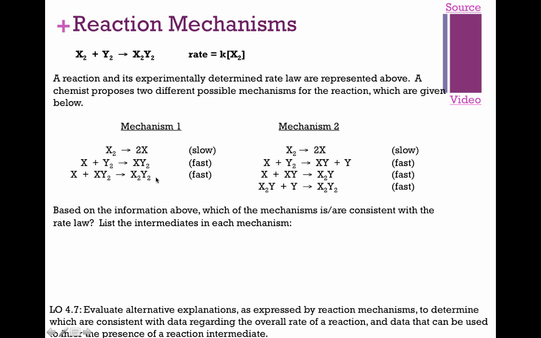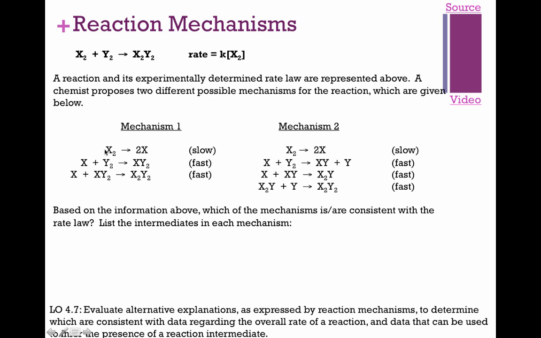Based on this information, which of the mechanisms are consistent with the rate law? So when you're given a reaction mechanism, which part of the mechanism determines the rate law? Slow step. So this first mechanism, the first step is the slow step. So how would I write the rate law for this slow step? Rate equals what?